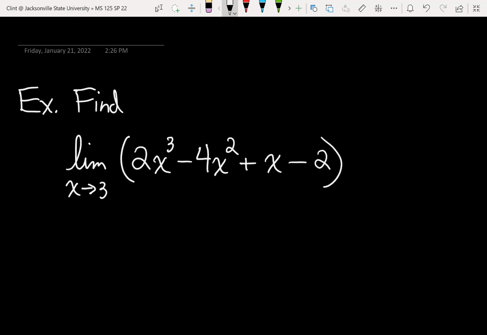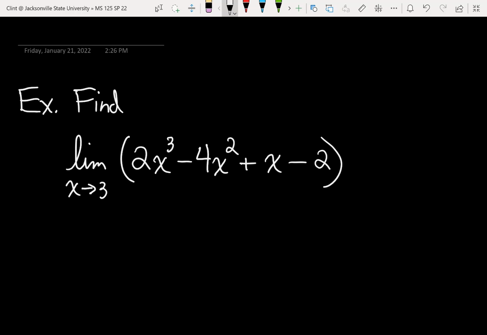So hang in there with me on this first one. I'm going to do it two ways. I'm going to do it using strictly the limit laws, and then we'll do it using the direct substitution property, just because I want you to appreciate how nice the direct substitution property is, how much work it saves.